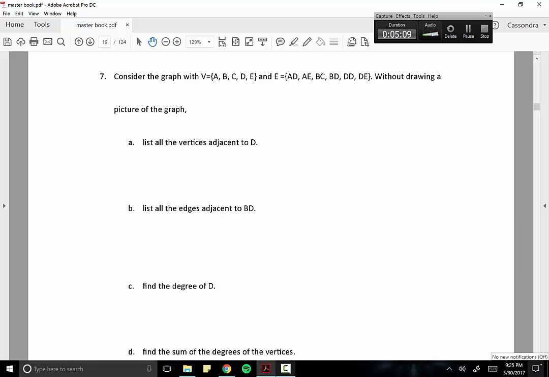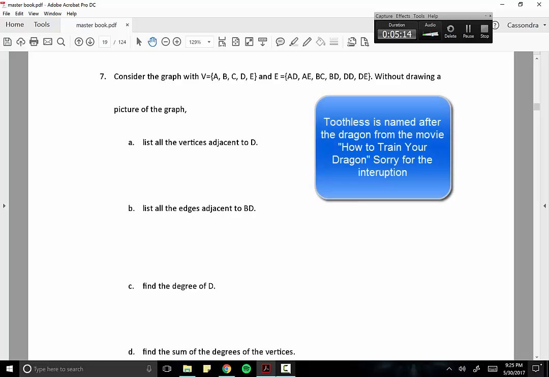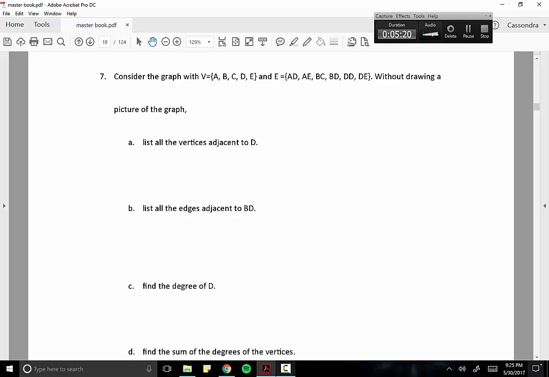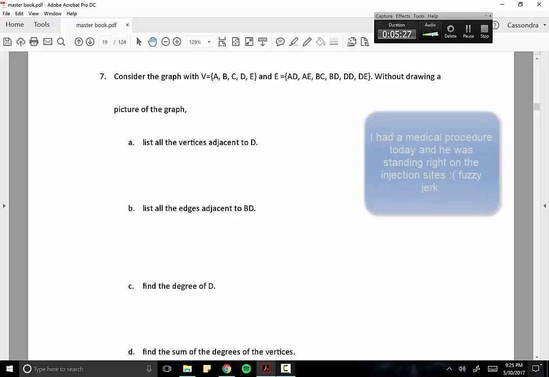Oh, Toothless, hi, hello, I need you to move. Please, I need you to move. You're not helping. You file this under not helping. Excuse me while I get attacked by my cat. Ow, you're hurting me. He wants attention. Please get down. I just had injections. Thank you.